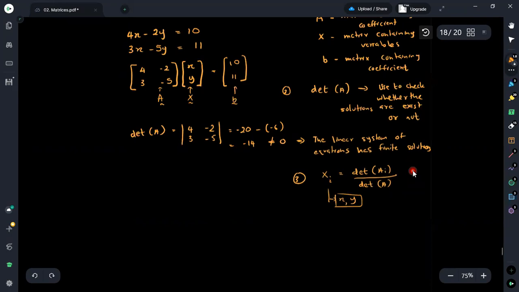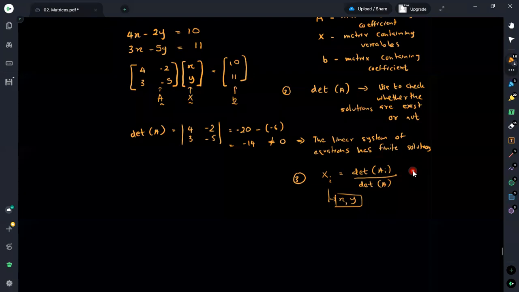These are the values we need to calculate to obtain the answers for variable x and variable y. To get them, first we need to identify the matrix associated with variable x and then the matrix associated with variable y.